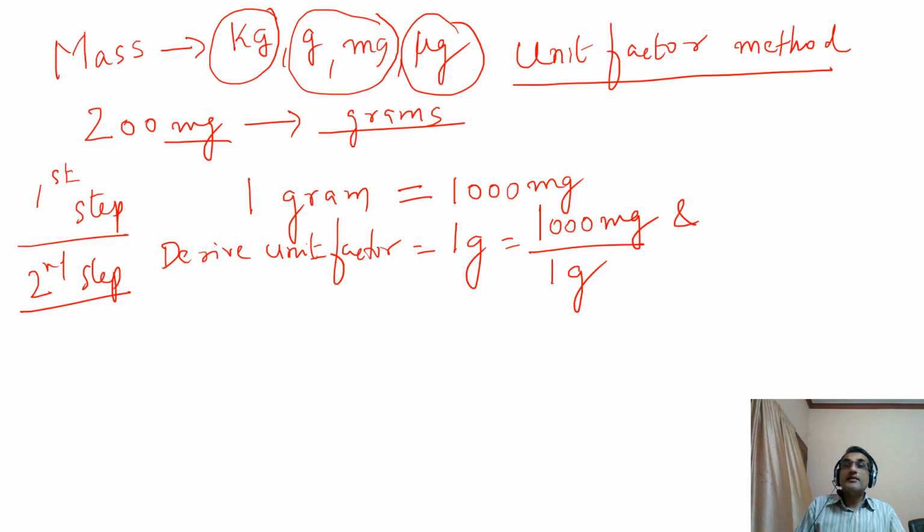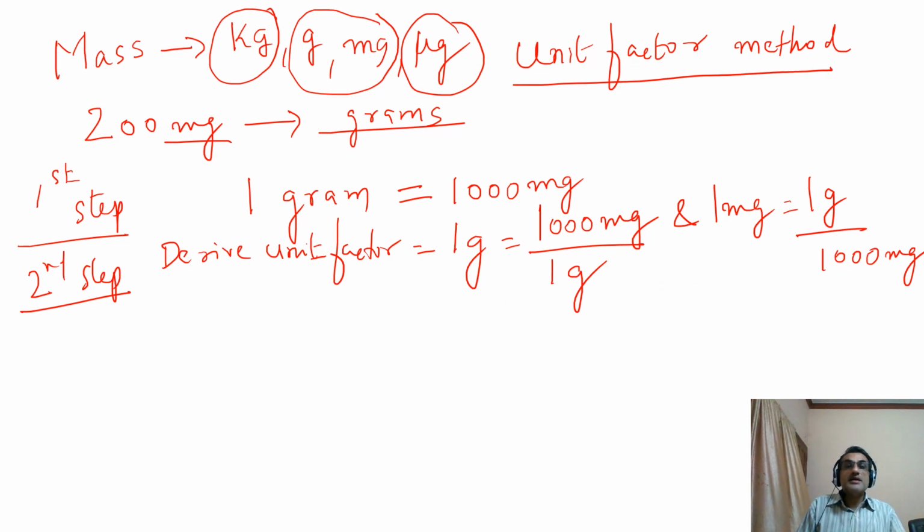And what is the another unit factor? 1 milligram is equal to 1 gram divided by 1000 milligram. So two unit factors. Either I can take 1 to the down and I get this unit factor, or 1000 I can take down. That time 1 milligram will be equal to 1 gram divided by 1000 milligrams.